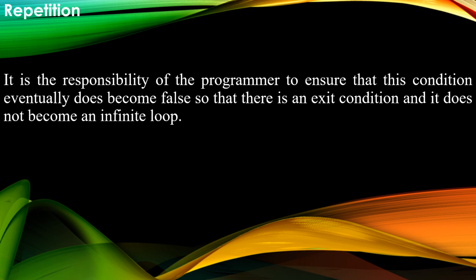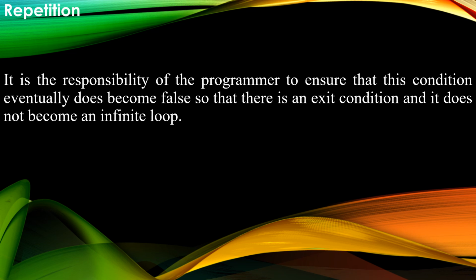So it is the responsibility of a programmer to ensure that the condition eventually does become false. That means you need to write certain statements in the loop such that the condition has to become false.